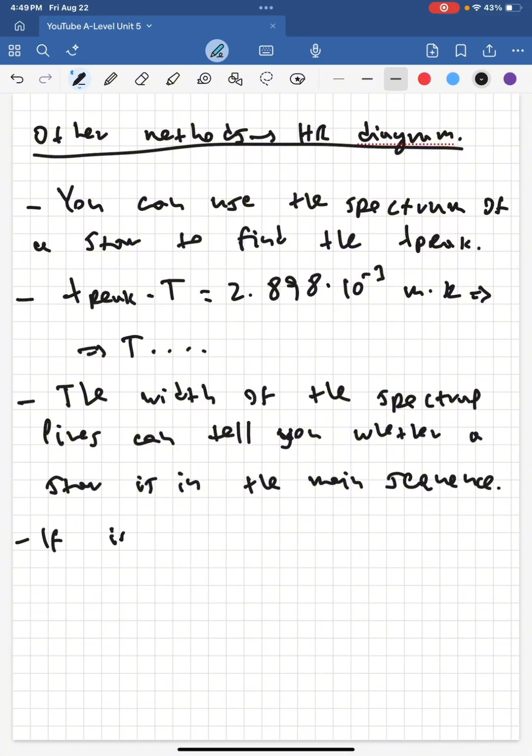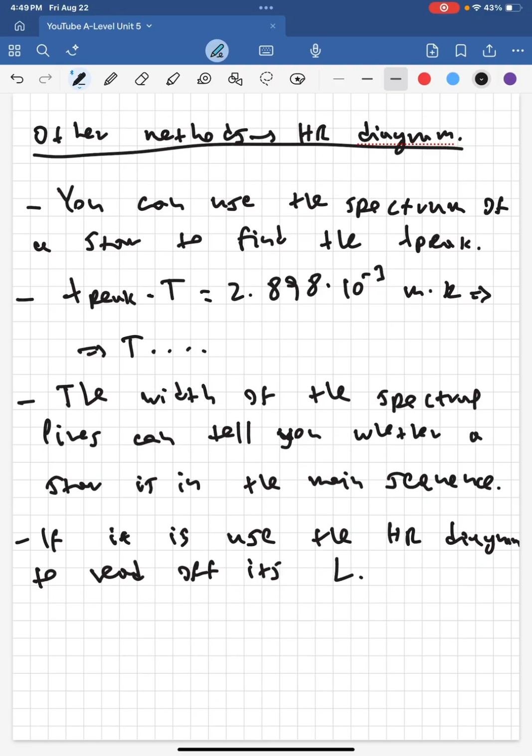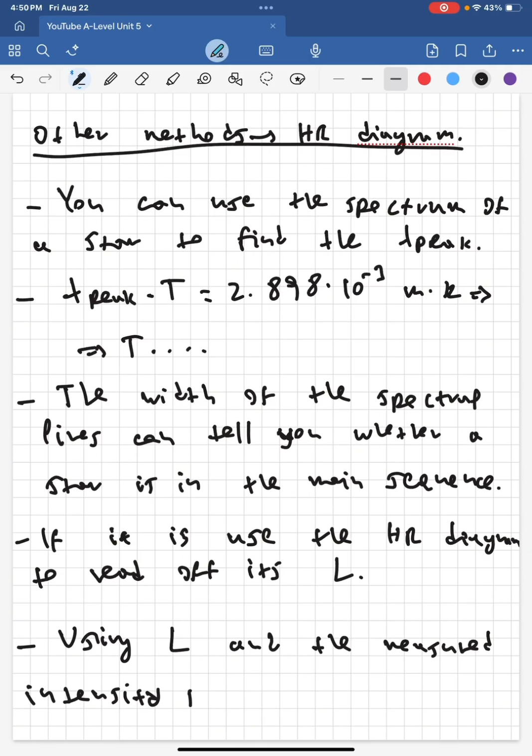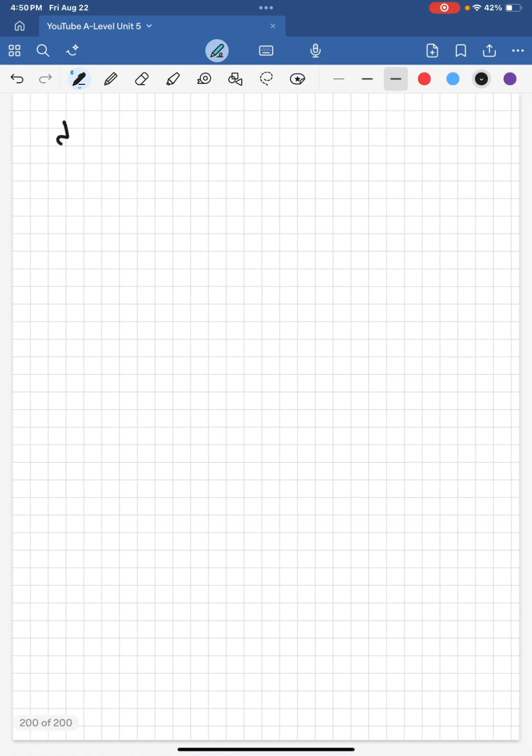If it is, use the HR diagram to read off its L, and then using L and the measured intensity, you can find D using I equal to L over 4 pi d squared.